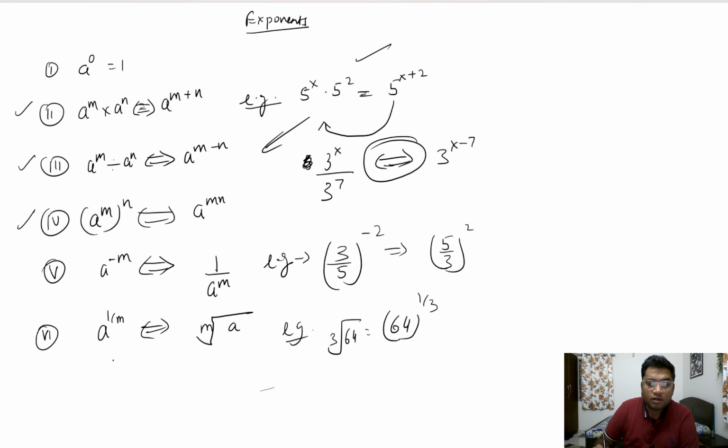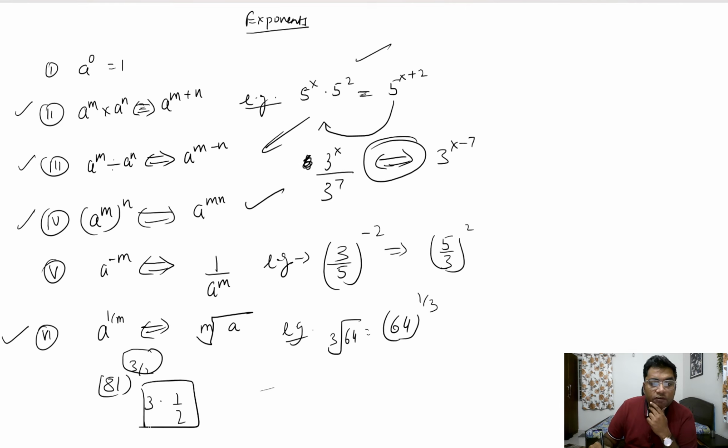So suppose I am dealing with, let's just say 81 to the power 3 by 2, right? Now, it's actually a mix of law number 6 and law number 4. How? So 3 by 2 as a fraction can be written as 3 times 1 by 2.